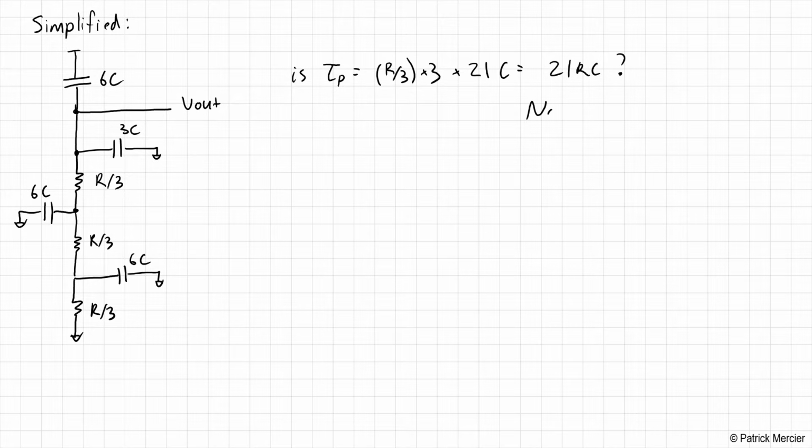And the answer is no. The answer is no, because that's just too simple, right? We just summed up all of the R's and C's and said it's one RC delay. But in reality, it's a little bit more complicated than that. It's a tree-like network, which means we need to use the Elmore delay model.